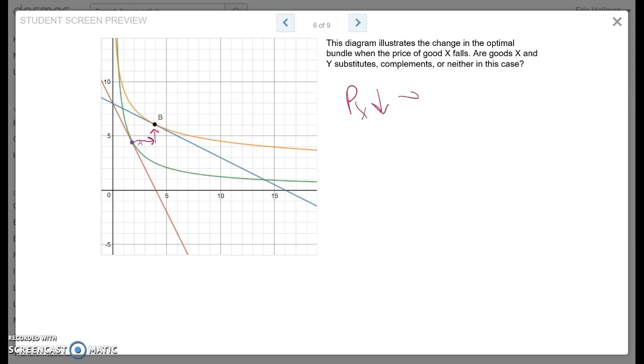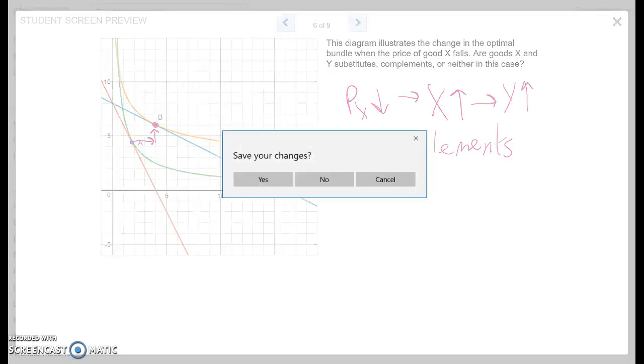Price of X went down, that means we ended up consuming more of good X. And we can see at point B, it is above point A, so we also ended up consuming more of good Y. Because consumption of the two goods moved in the same direction, they're complements. They're obviously not perfect complements because these indifference curves aren't right angles, but they are still complements.